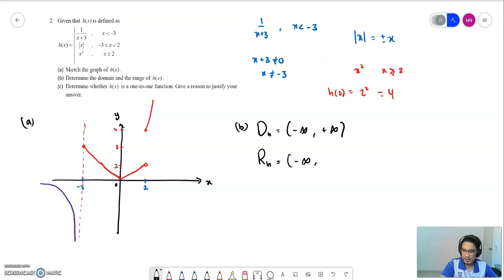Then it extends until y equal to 3, with a square bracket. Then we have a gap right here between 3 and 4. There is no graph within this region, so we have to put a union, then we start back from 4 until positive infinity. That will be the answer for the range.